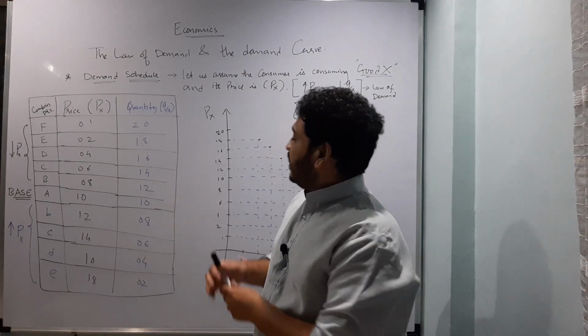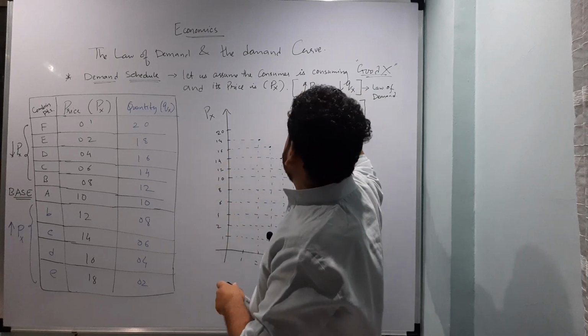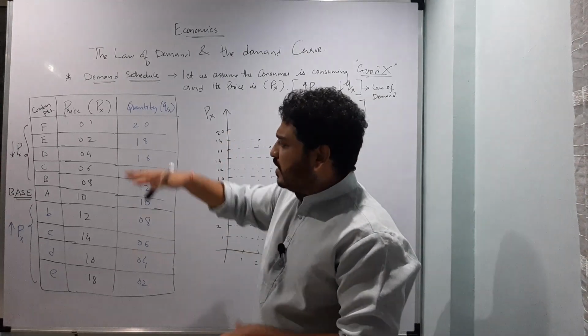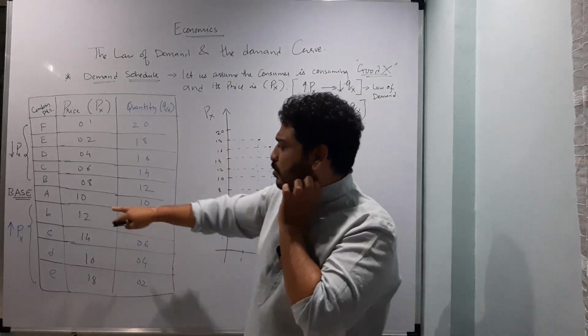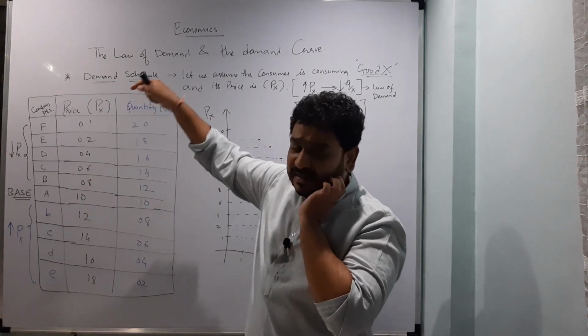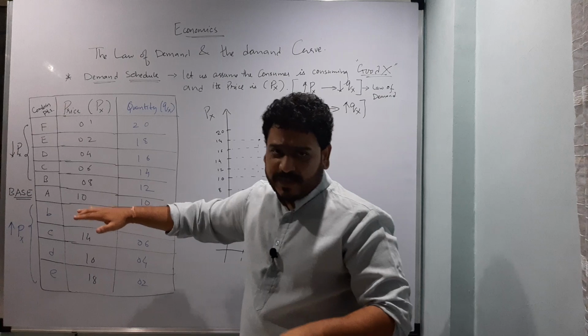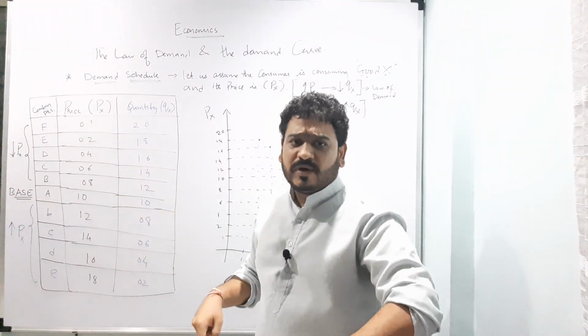As the law of demand says, as the price goes up, the quantity demanded is going to fall, and as the price falls, the quantity demanded is going to go up. Let us consider rupees 10 to be our base price and look at both the upward and the downward movement of the price.